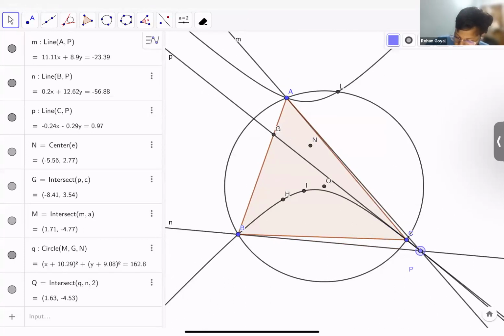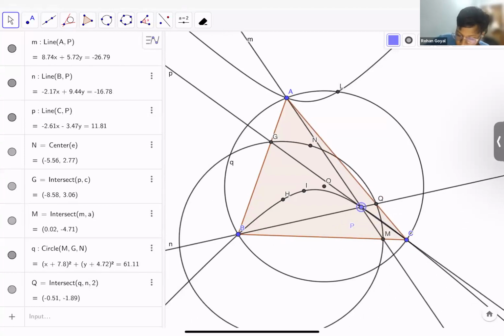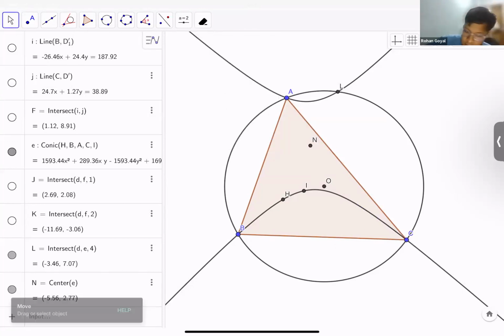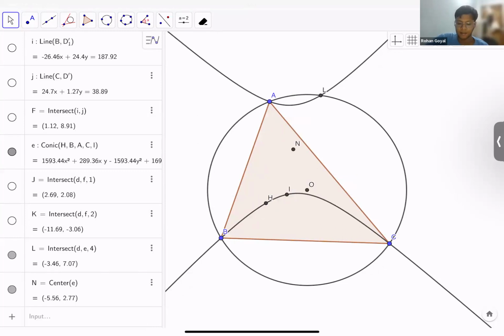Okay. Let's remove P for now. It's not relevant for now. We'll add it later. Okay, great. P is gone. So we have this hyperbola now. So what is it the isogonal conjugate of? OI. Yeah. OI, good.